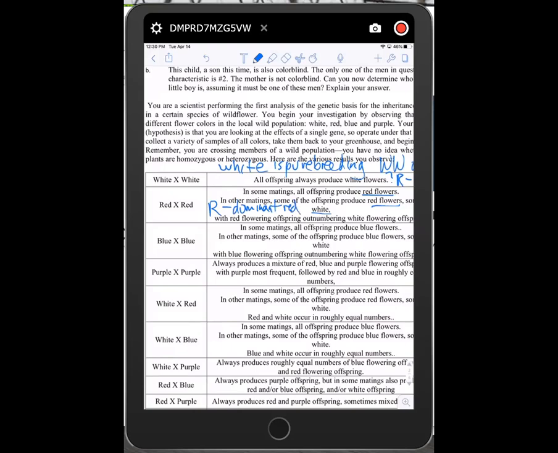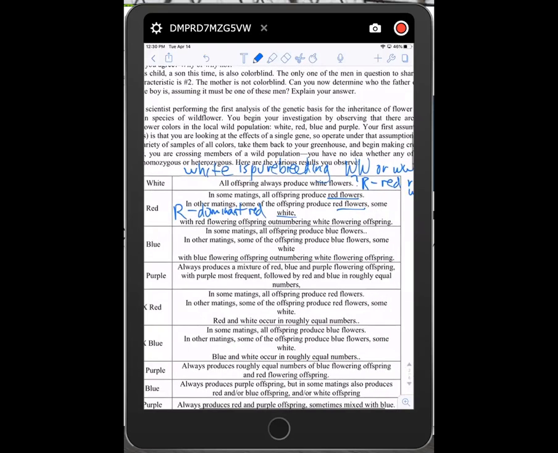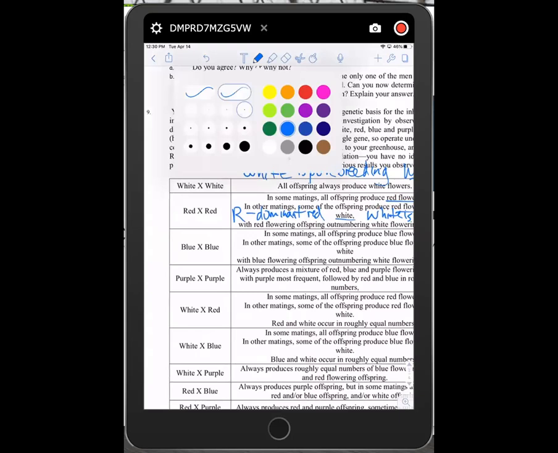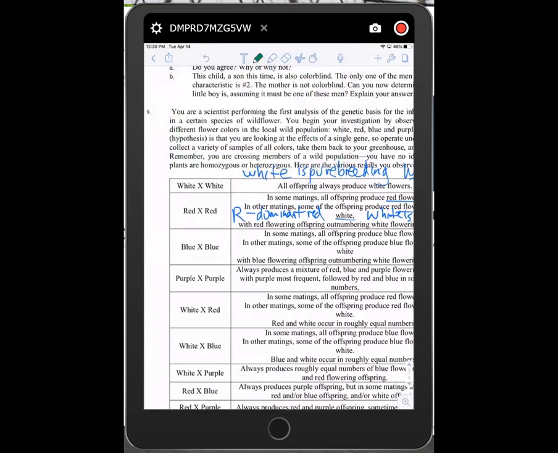And we know white is going to be recessive here. So white is recessive. So I think for sure then we know, let's do another color. We're going to say big R for red, little r for white. That's what we know after just looking at two of those.